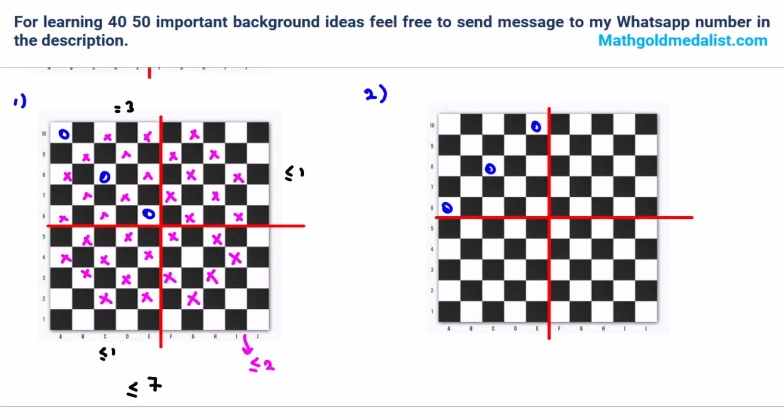So let's remove the cells that we cannot use. Do you agree here? We should remove all these white cells. And then here we should remove this one. We can remove this one, this one, this one. We can remove this part.